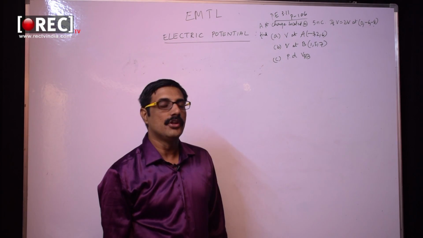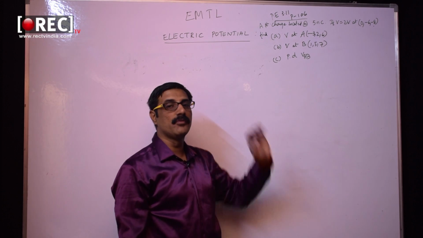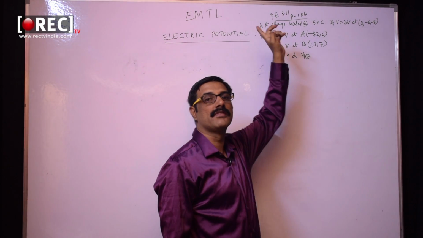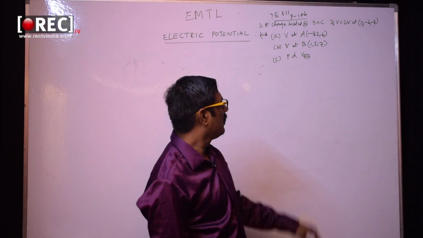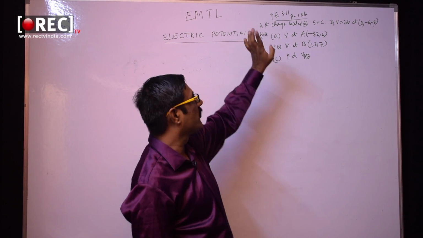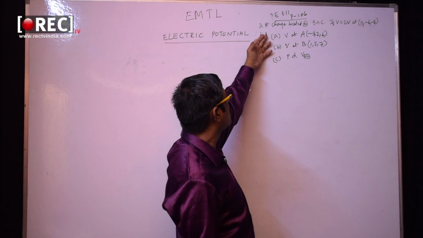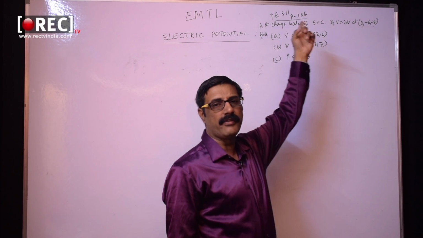To understand the concept of potential, let us work out one numerical on page number 106, practice exercise 3.11 of Elements of Electromagnetics by Sadiku. If you want, you can refer to this problem there.